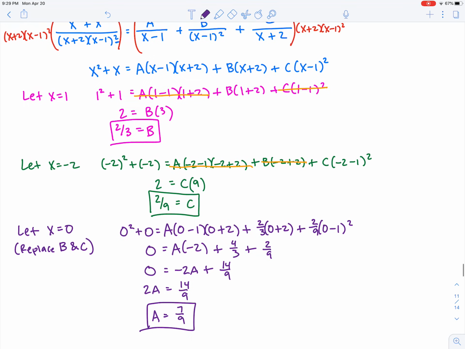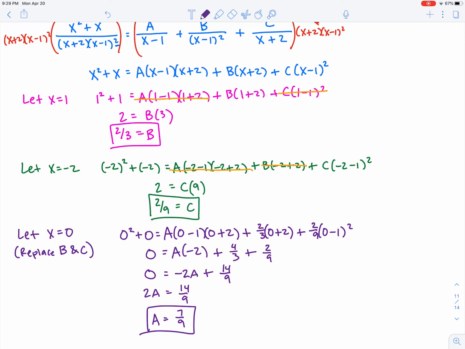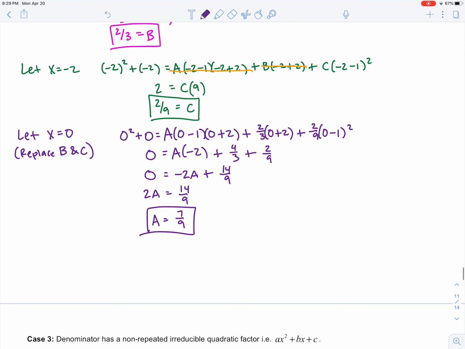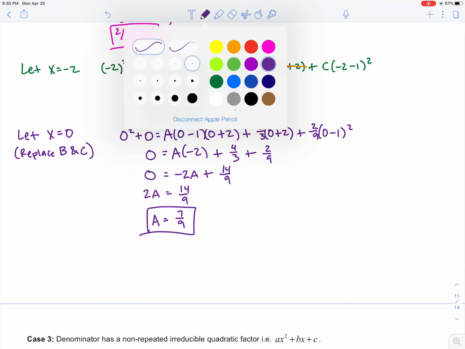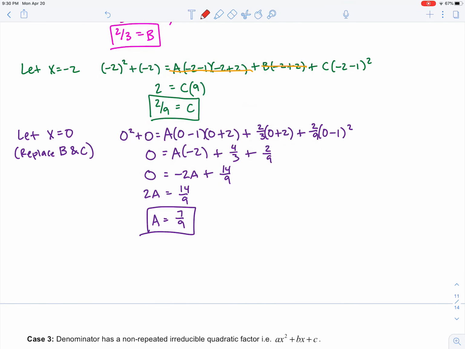A is 7/9. So the last thing you want to do at every single one of these is to write out your decomposed fraction. So we do that down here. So I have 7/9 over x minus 1, plus 2/3 over x minus 1 squared, plus 2/9 over x plus 2.